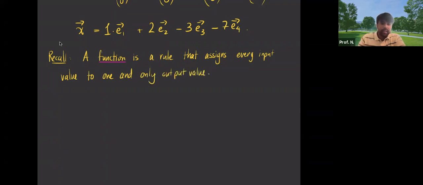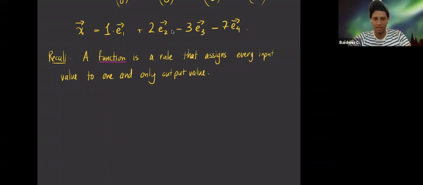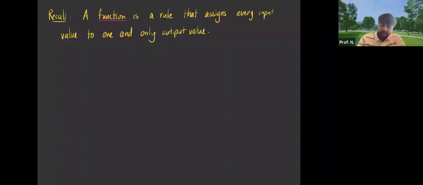And now we can say it has a unique output value. You see this idea of unique. Yes, Baldwin. I was just going to say, so basically every input in the domain has exactly one element in the range. So now we're extending this idea, right?